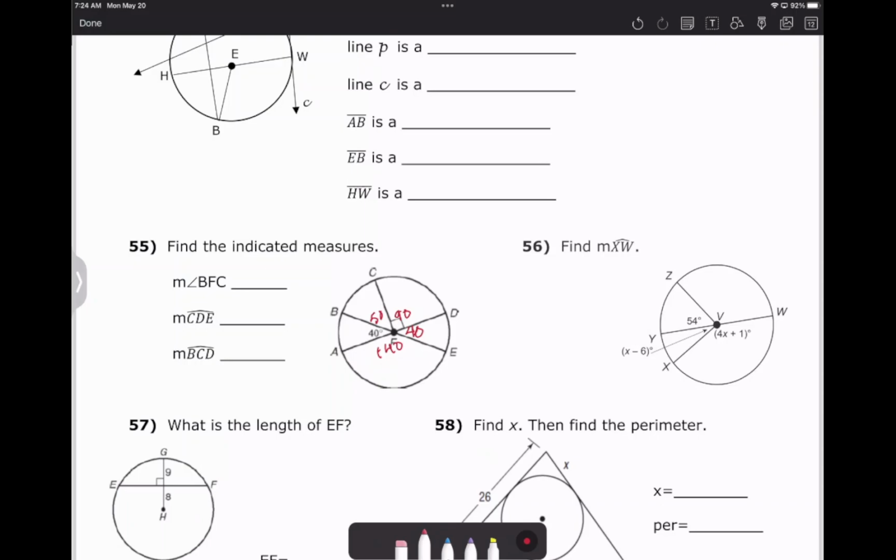Yeah, there's all the angle measures. So 50 degrees. Arc CDE is the sum of 90 and 40. And BCD, the sum of 90 and 50. Very good.